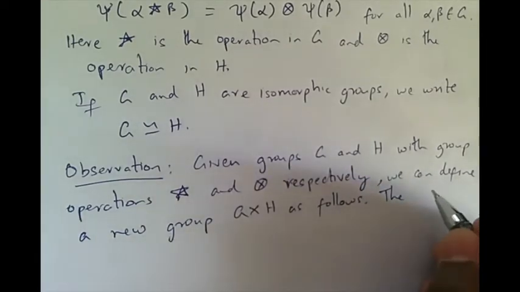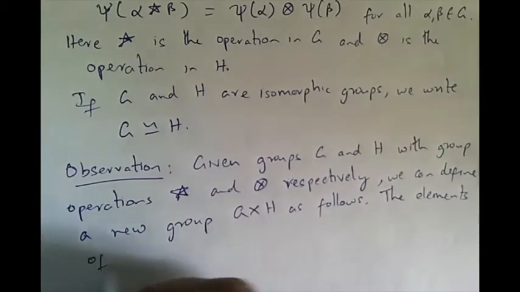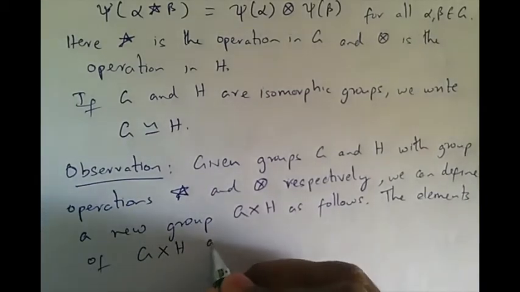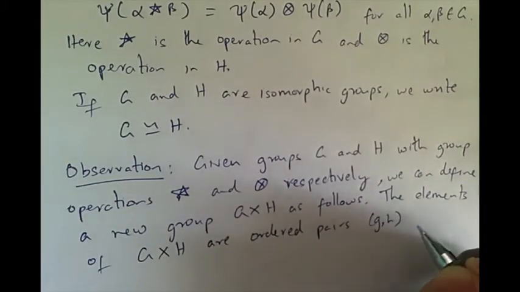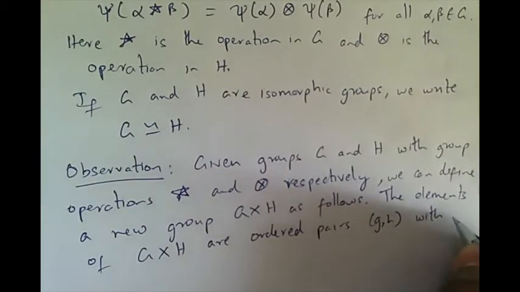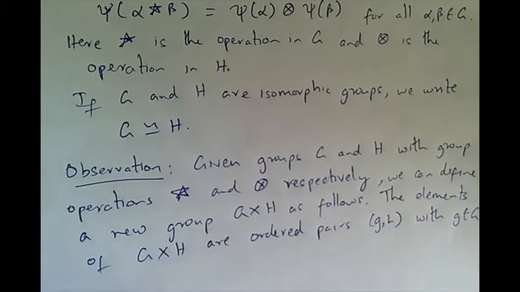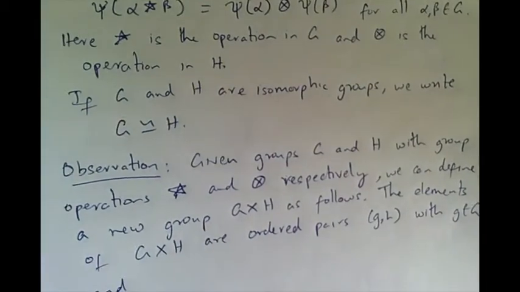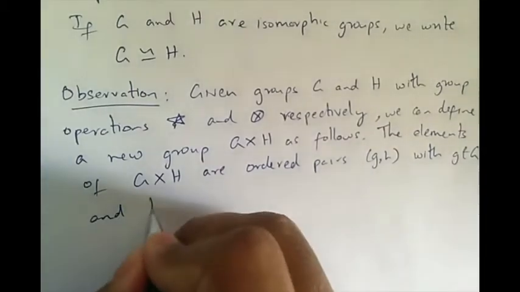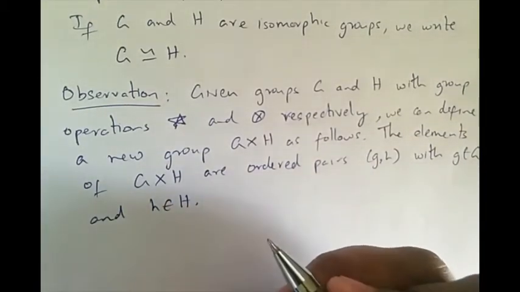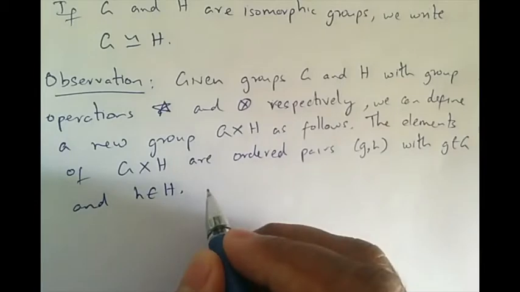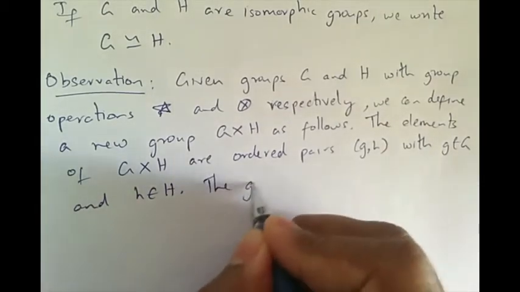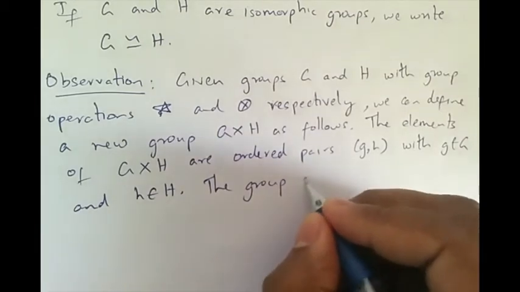So the set G cross H, for completeness, is the set of all ordered pairs (g, h) with little g in G and little h in H. So this is the set, and the group operation will be given another notation.